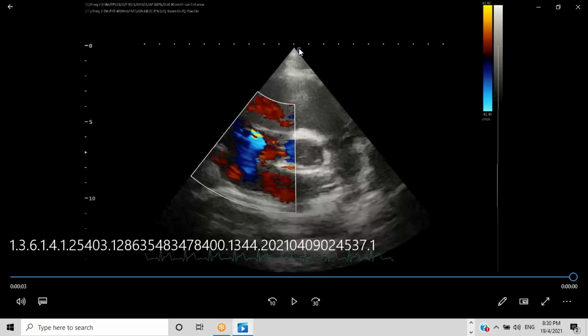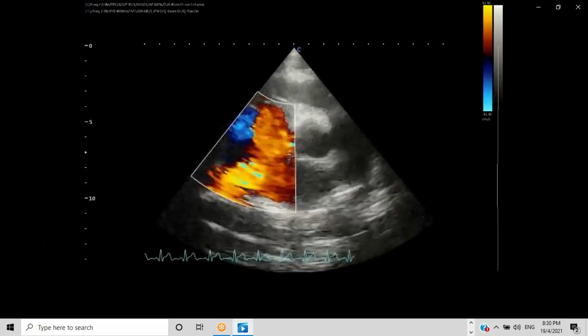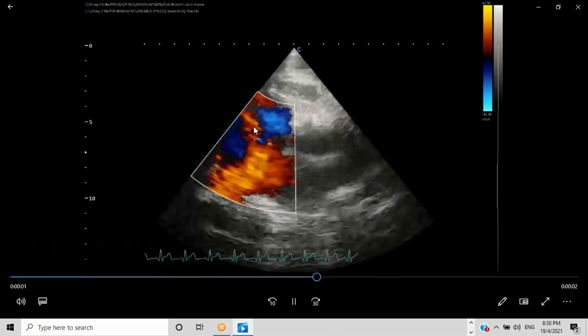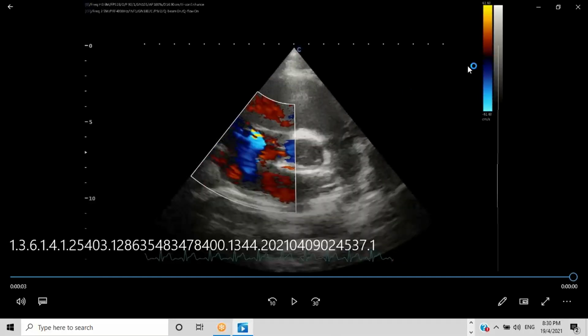Your transducer is right there. So this is a flow from the right ventricle across the tricuspid valve into the right atrium. So this is your TR, short axis view at the level of the aorta. This is the TR right there, this blue mosaic color.